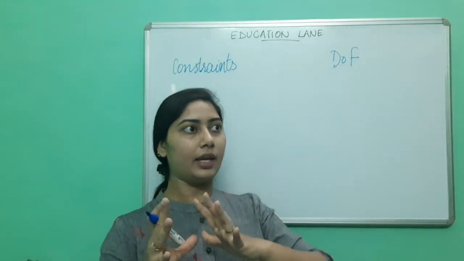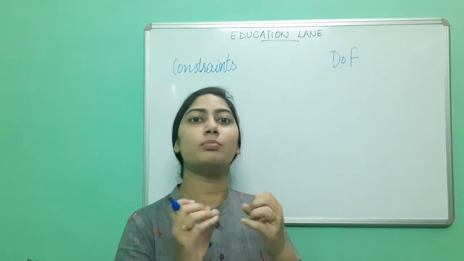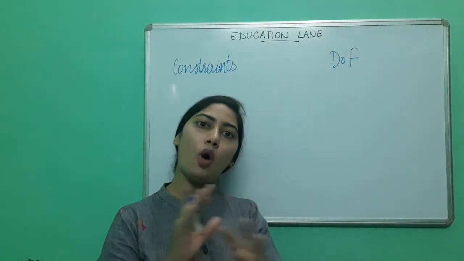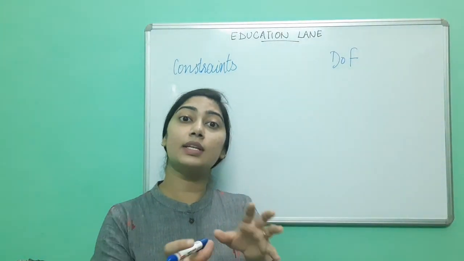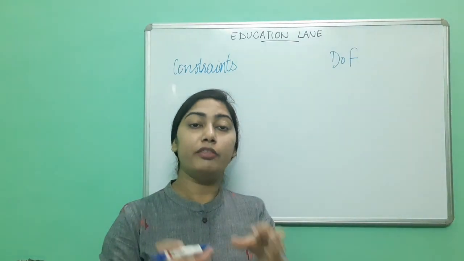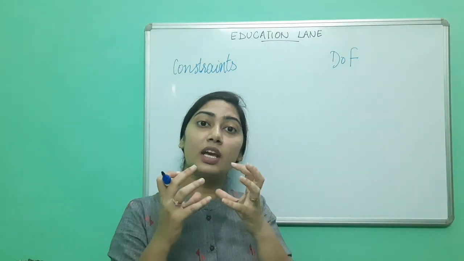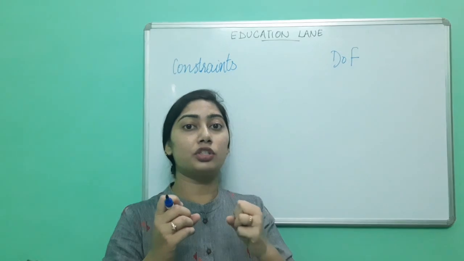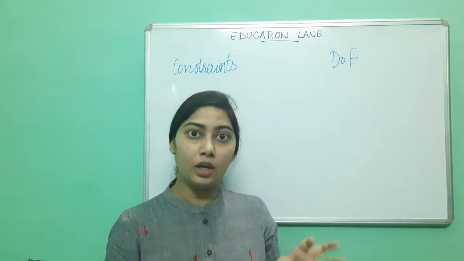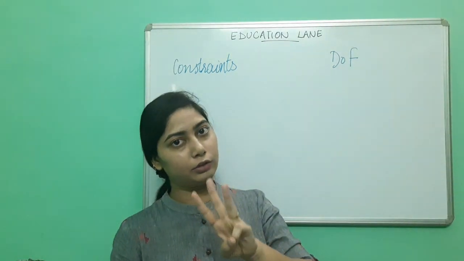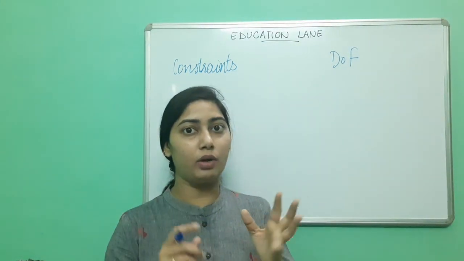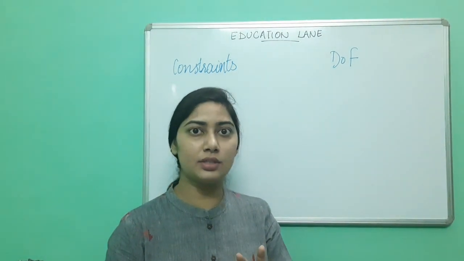A fly can fly in all the directions x, y, z. So its degree of freedom, the freedom in which it can roam about, will be 3: x, y and z, because it can go in 3 directions.